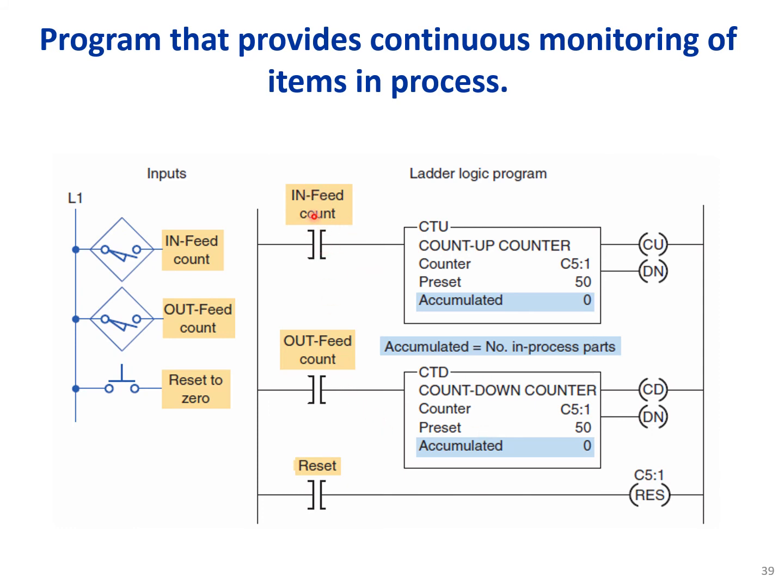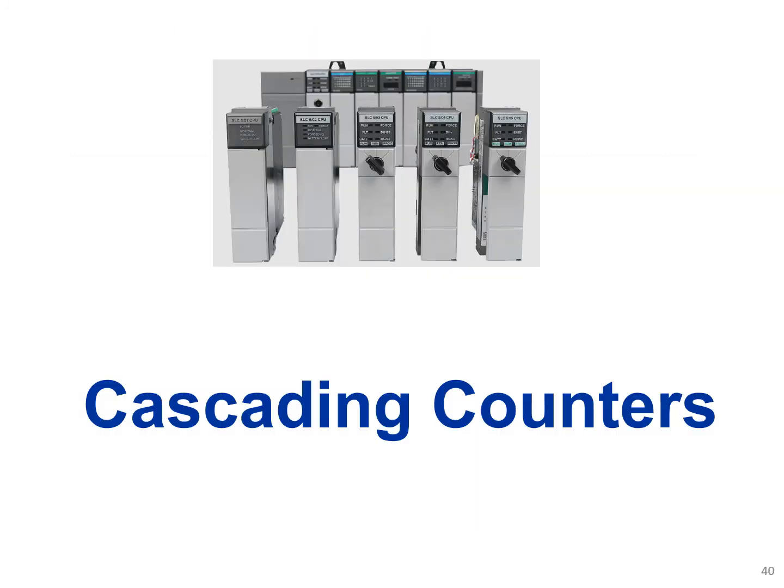This is the in-feed count and this is the output count. The accumulated value is equal to the number of in-process parts. So this is basically an up-down counter combined. Once the in-feed count triggers, it increments up by 1, and then decrements by one.